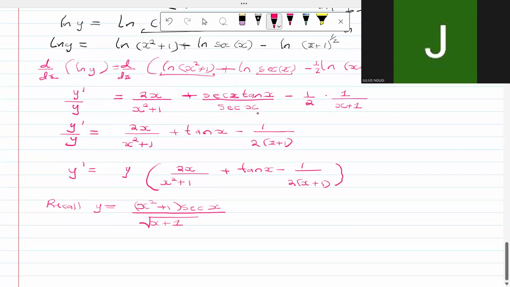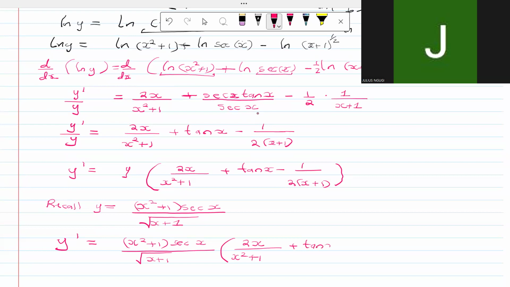So you multiply this one to get the final answer: y prime equals (x squared plus 1) secant x, or sec x, divided by the square root of x plus 1. Then all that you multiply by 2x over x squared plus 1 plus tan x minus 1 over 2 in parentheses x plus 1.